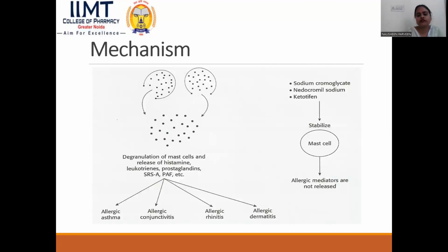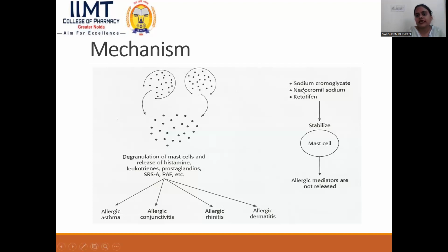Mechanism of action of mast cell stabilizers: degranulation of mast cells and release of histamine, leukotriene, prostaglandin, SRS-A, PAF, etc. cause allergic asthma, allergic rhinitis, allergic dermatitis, allergic conjunctivitis.